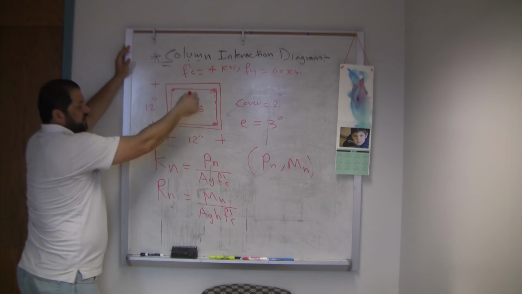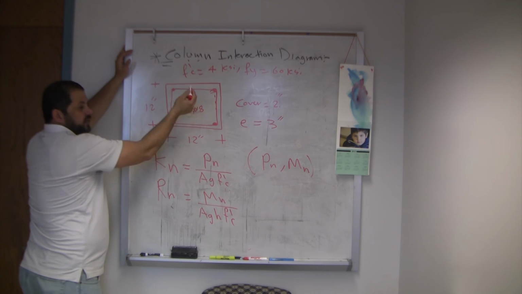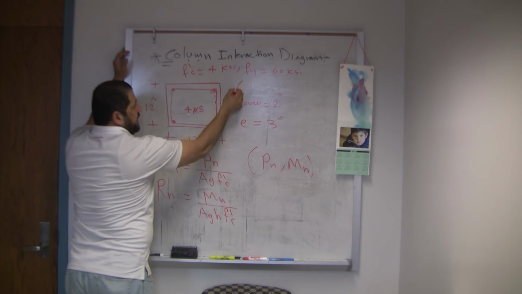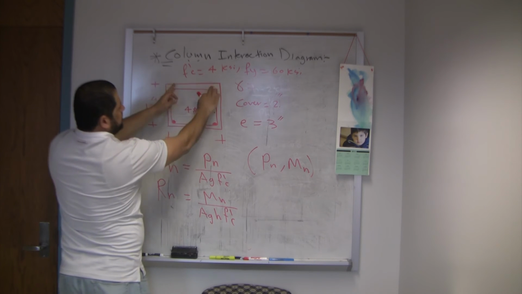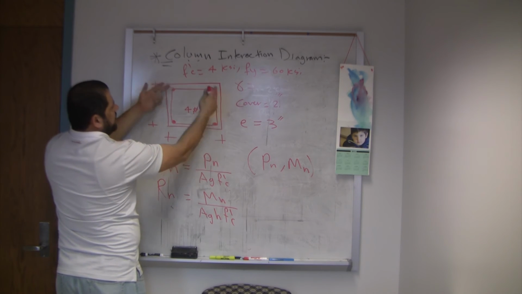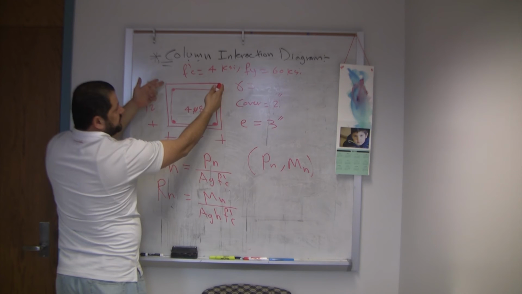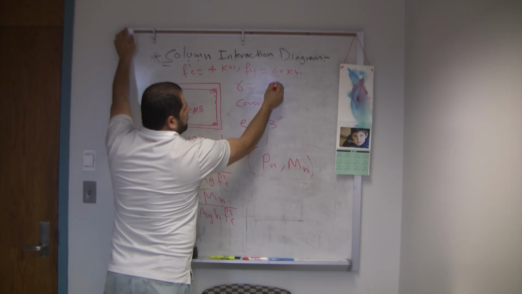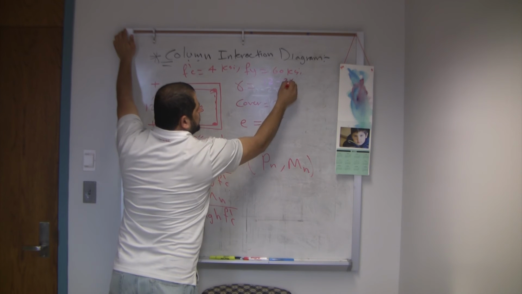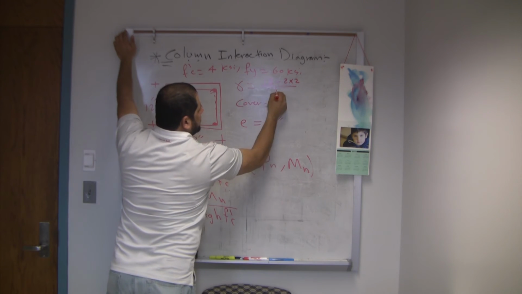This is a square column, the distribution of the steel is equal, and the cover is 2, so gamma equals H minus 2 times the cover divided by H. H is 12 inch, the cover is 2 inch, so this will be 12 minus 2 times 2 over 12.